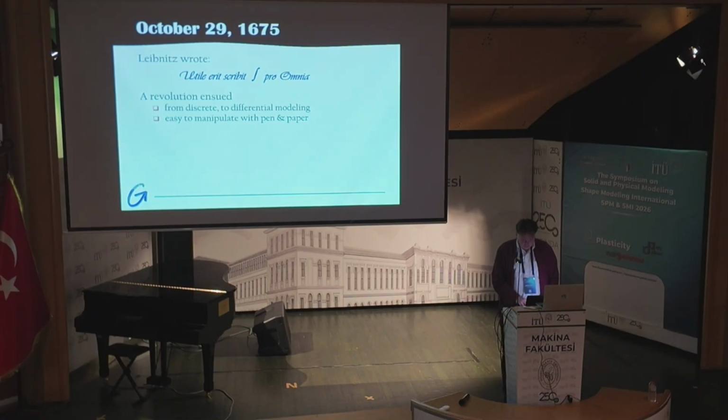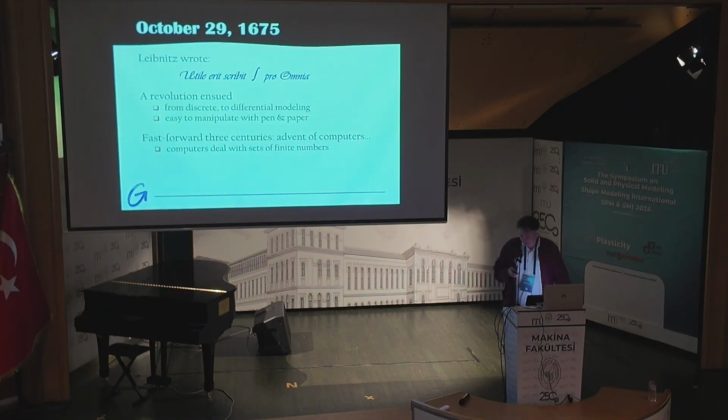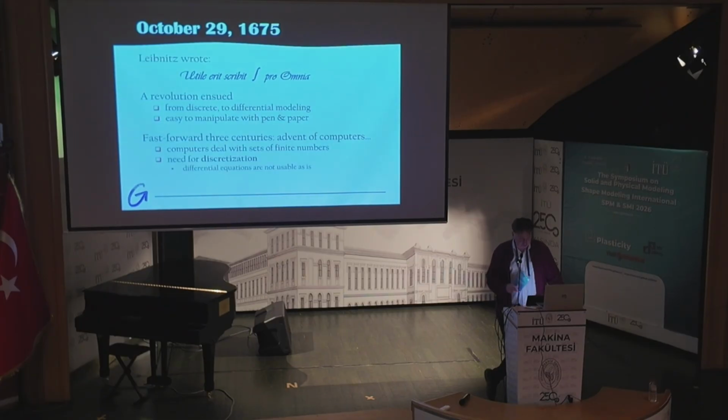And of course, that was very easy to manipulate with pen and paper. And fast forward to now, we have computers, and so now we need to go back to the discrete way of thinking about integrals, right? So there's an interesting back and forth between continuous and discrete.